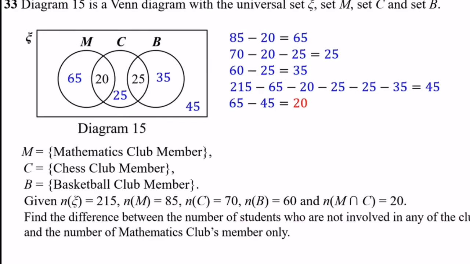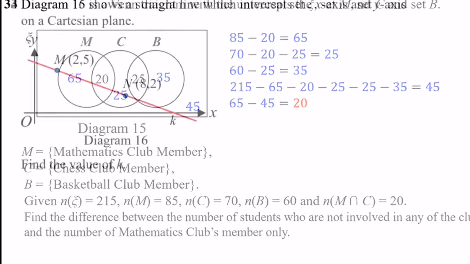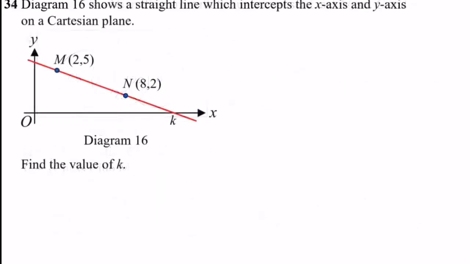All right, so now let's proceed to the next question. For this question, you have to find the point k first, in order to solve for the value of k. Basically we will use the same gradient method when we see a straight line with 2 points.